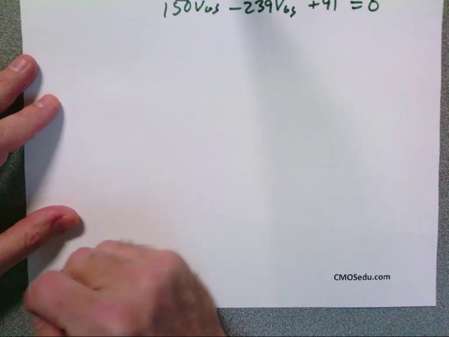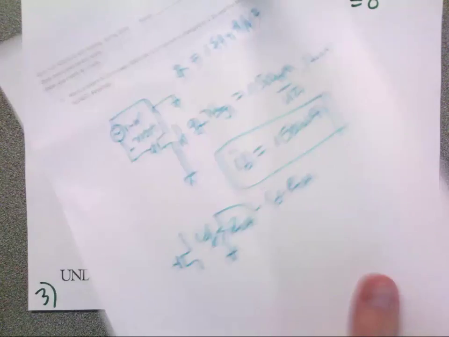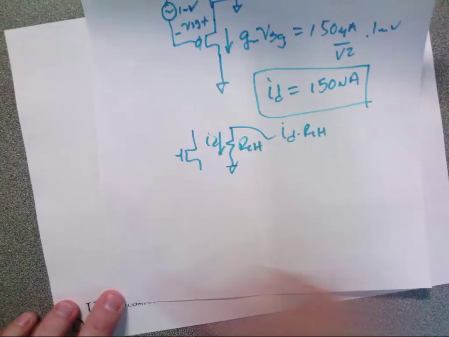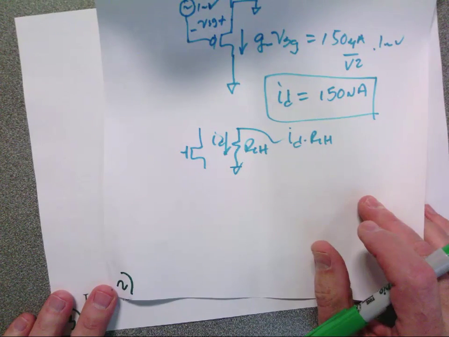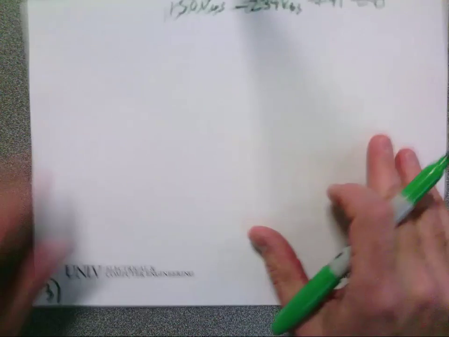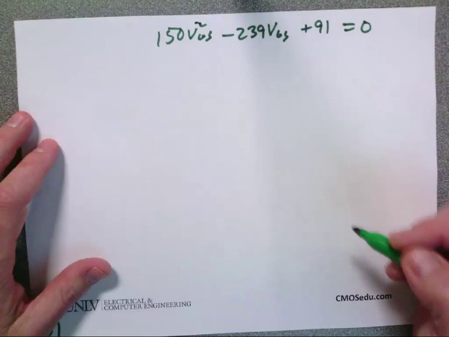And I'm going to label this 3, and I'm going to label this one 2. Is everybody cool with that? Now what?